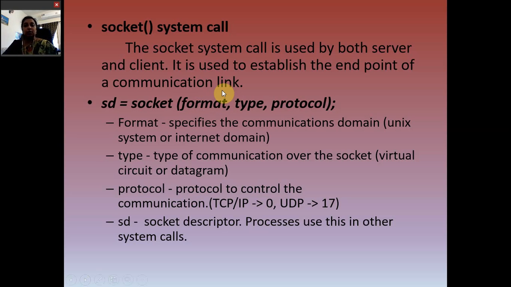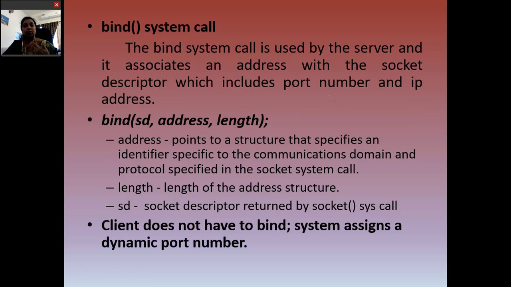Then the type of communication, whether a virtual circuit or a datagram packet, is decided by the type, and whether it is TCP/IP or UDP, that protocol definition is given here. So we have the format, the type and the protocol, and SD is a socket descriptor which will be used in other commands so that you can use the socket for communication.